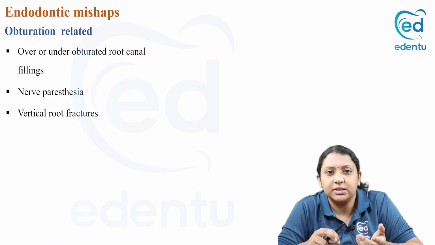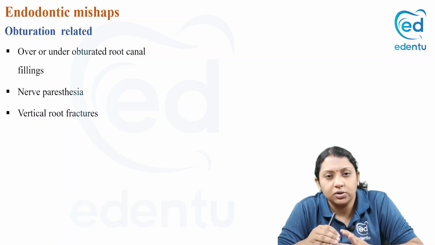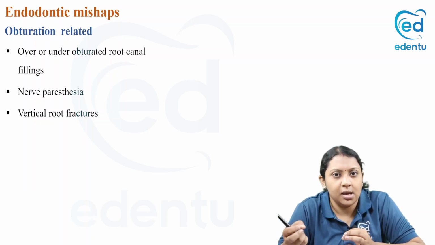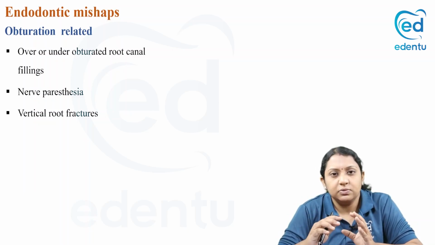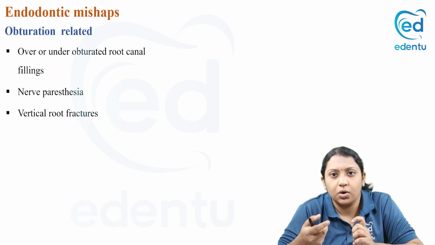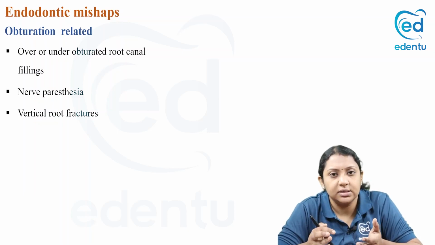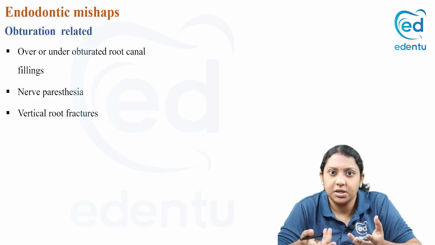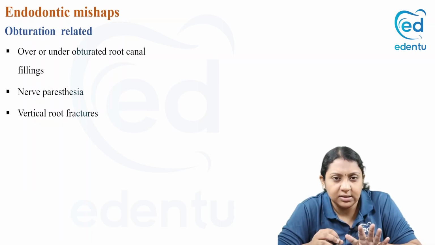And the patient can present with pain, etc. But if it is a zinc oxide eugenol based sealer or a steroid containing sealer, if it slightly extrudes below, the patient will not complain of pain. So that is one situation. And also, if the GP is extruded beyond, it can cause a periapical irritation. In some cases, macrophage activity can take place, inflammation can be caused, patient can present with pain. But in certain cases, the patient may be completely asymptomatic.